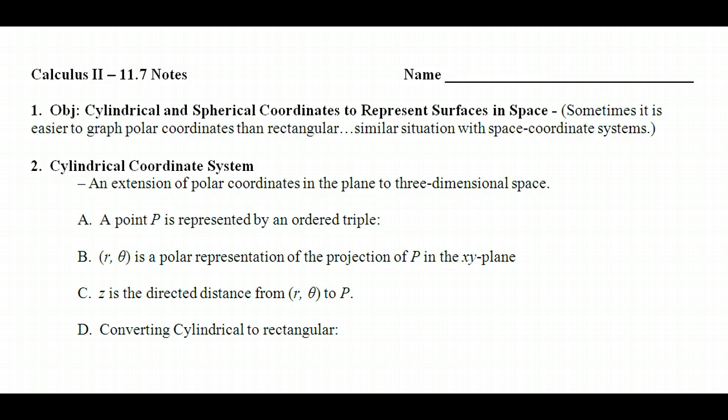So the cylindrical coordinate system is an extension of your polar coordinates in the plane to three-dimensional space. For polar coordinates, we usually have r, theta. Well, we want to put this into space.